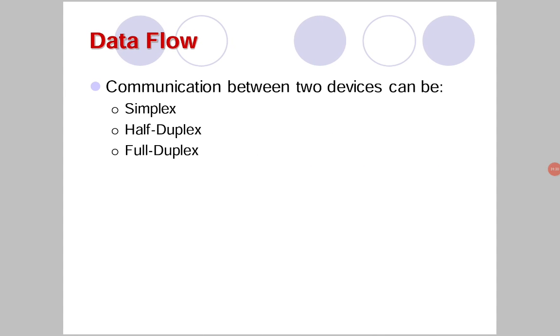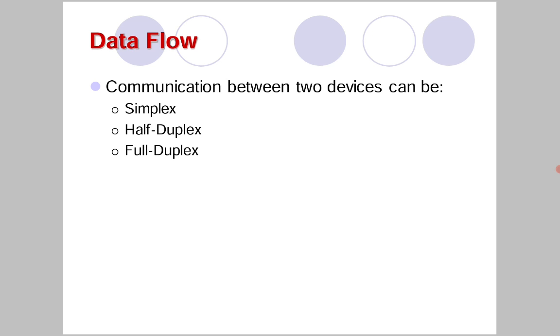So data flows. How the data or information is transmitted, in which way the data or information is transmitted. Generally, data transmission takes place in 3 types.